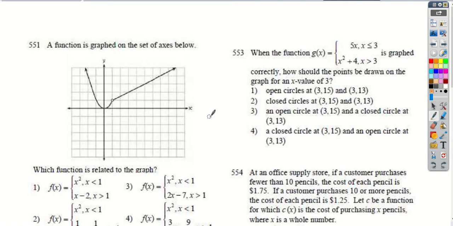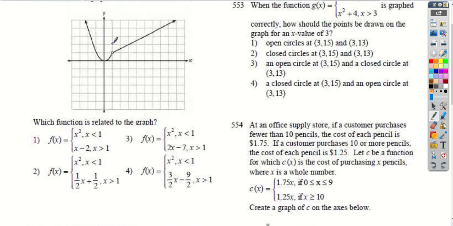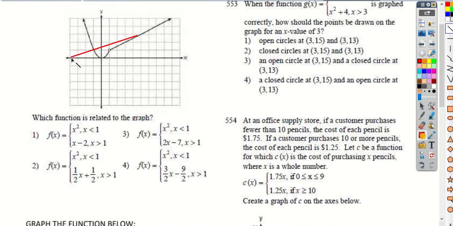In the function graph below, which graph is related to the event? So you can see what's happening is it's going from here to there. So it's y equals x squared. And then I'm stopping. There's a hole here, and then it continues on in that direction. So if we were to continue this line that we have here back down this way, where is this essentially going to hit the x-axis, or the y-axis?